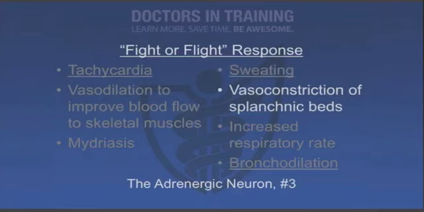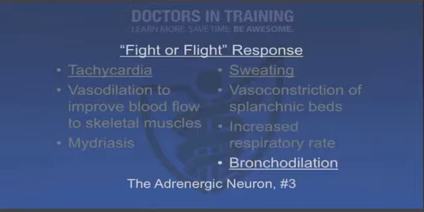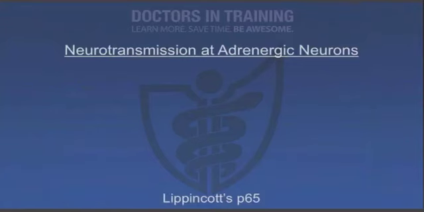Finally, you're going to notice that I'm breathing a little bit heavy and I've got some bronchodilation happening. So these are all the things we need to think about when we think about fight or flight, the sympathetic nervous system, and the adrenergic drugs or adrenergic agonists that we're going to be using. Let's start off by talking about neurotransmission at the adrenergic neuron.